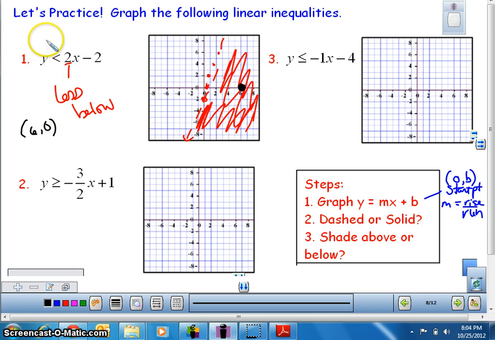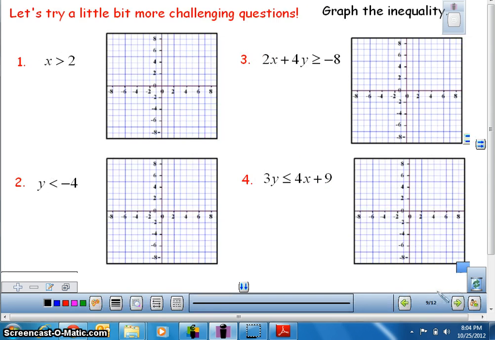If I plug that into my original equation, is 0 less than 2 times 6 minus 2? 12 minus 2 is 10, and 0 is less than 10, so we shaded in the right spot. Remember to show me, write down, pick your checkpoint, so I can see tomorrow in class that you actually picked a checkpoint to see if it works after you graph.